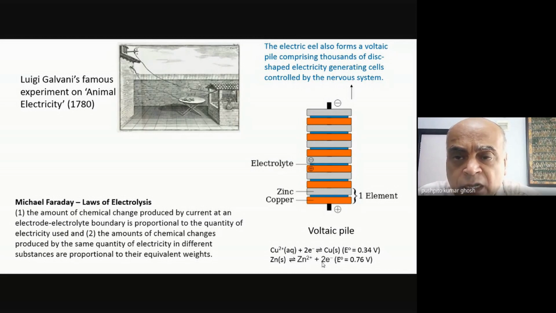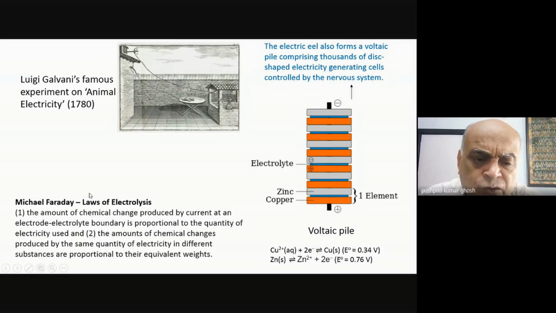The voltaic people actually studied the electric eel, and what it has is just like a voltaic pile. It has thousands and thousands of dish-shaped cells, each of them generating a tiny EMF, but cumulatively they can give you a massive shock.